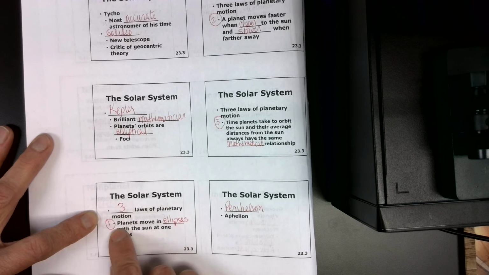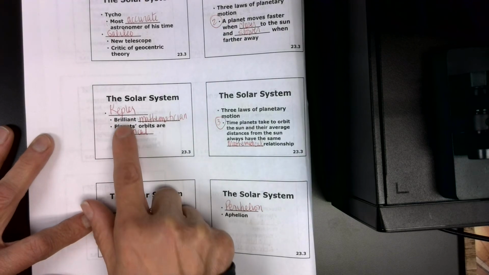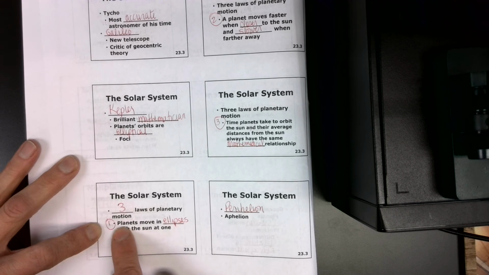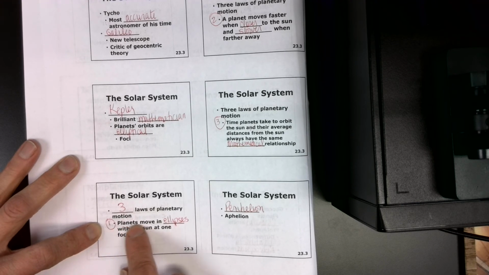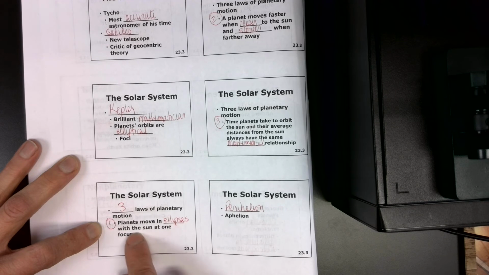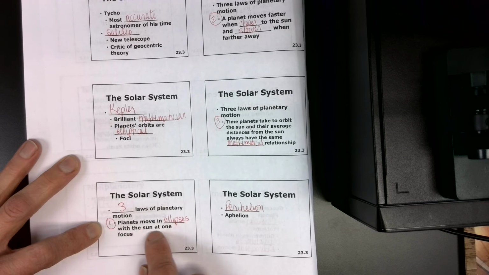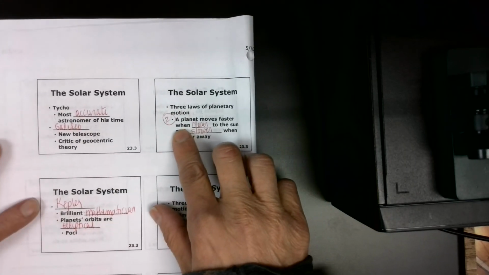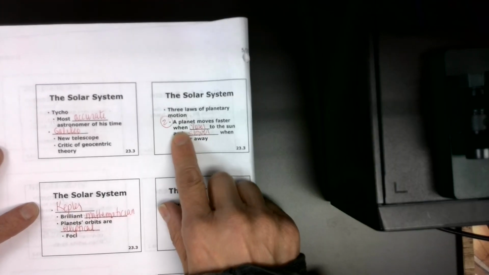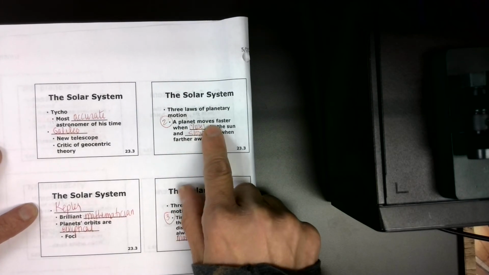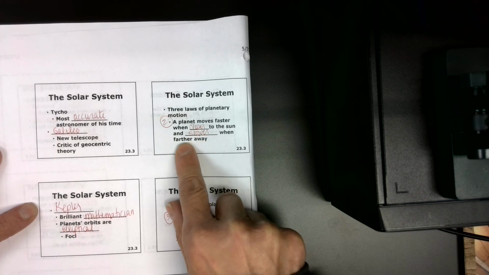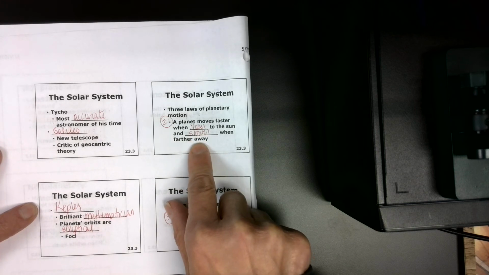There were also three laws of planetary motion that Kepler came up with. Number one was that planets move in ellipses with the sun as one of its foci. His second law of planetary motion said that a planet moves faster when it's closer to the sun and slower when it's farther away from the sun.